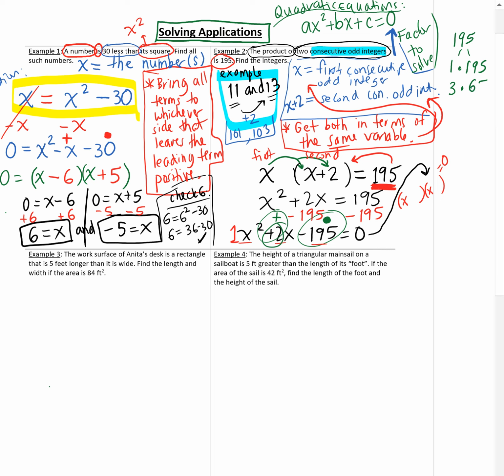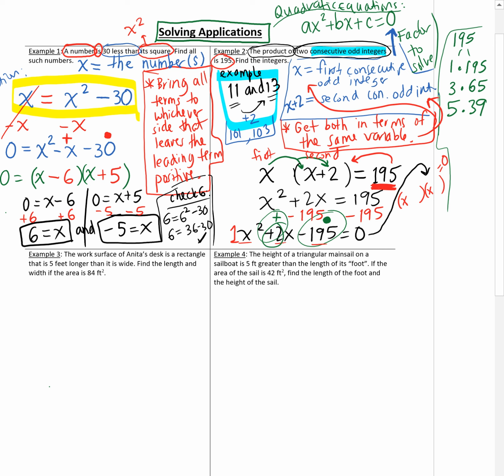But I think those are too far apart still. No matter which I make negative and which I make positive, there's no way those are going to add up to 2. So let's try another one. I think 4 doesn't go in. 5 goes in. How many times? 39 times. Those are still too far apart. No matter which of those you make negative or positive, you're not going to get 2 when you add them together. So I've got to keep thinking.